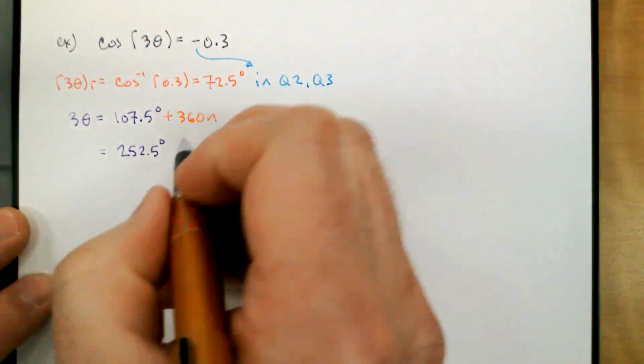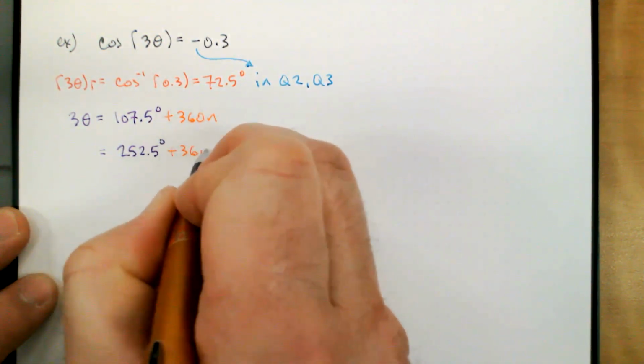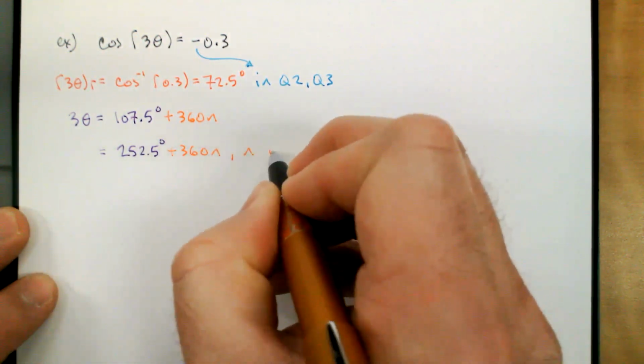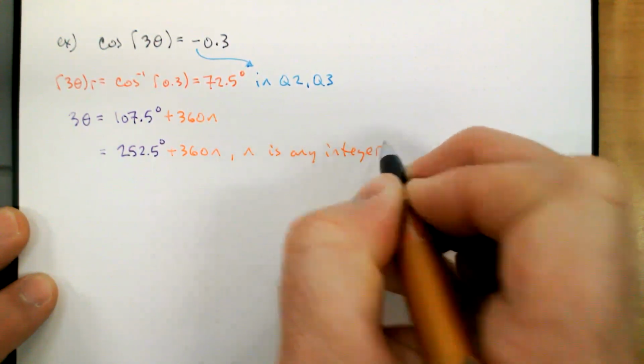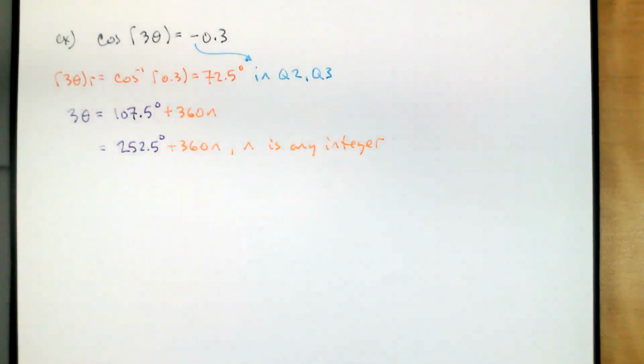And we add full circles. But these 360s have been added to the 3 theta. We haven't done the divide by 3 part yet.